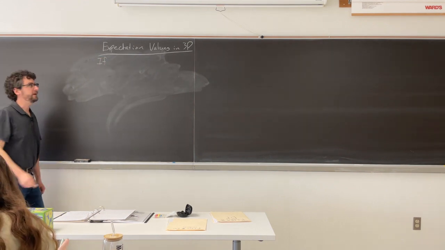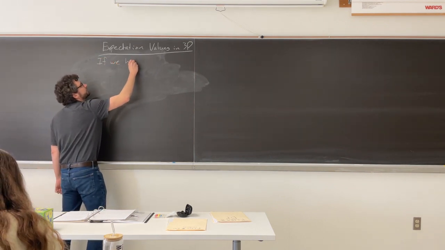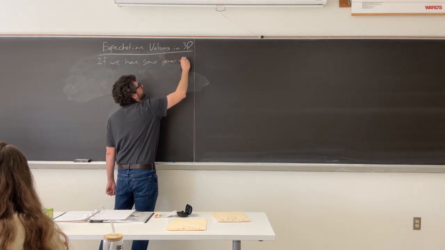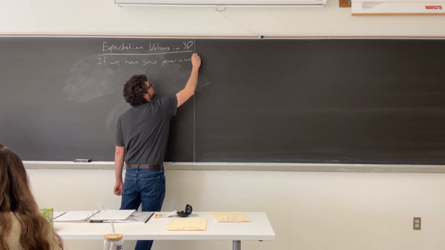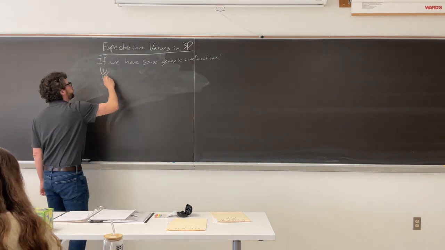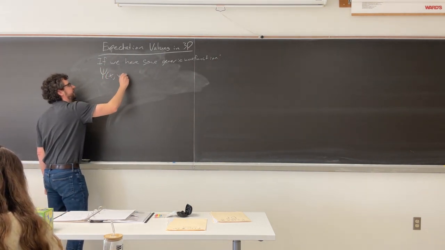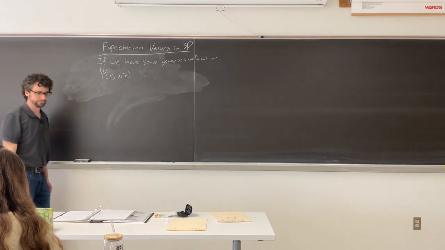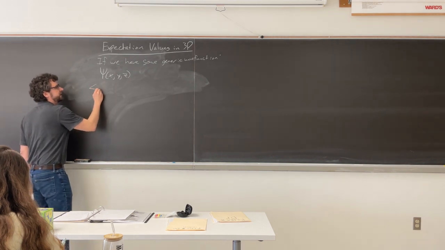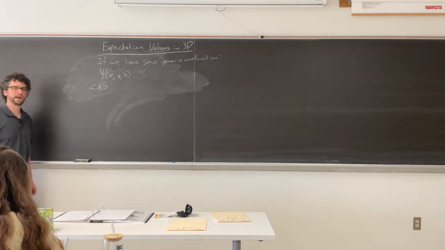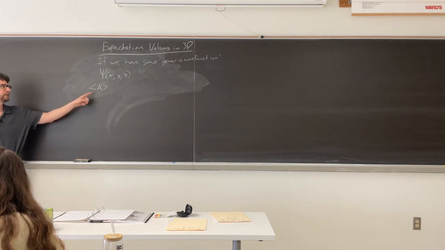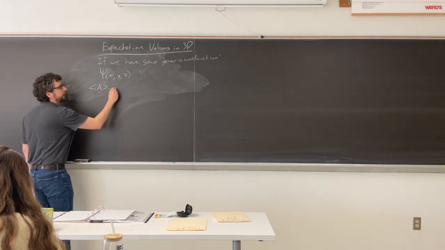If we have some generic wave function that depends on x, y, and z, and we wanted to know the expectation value of a, what's the integral going to look like to get the expectation value of a?